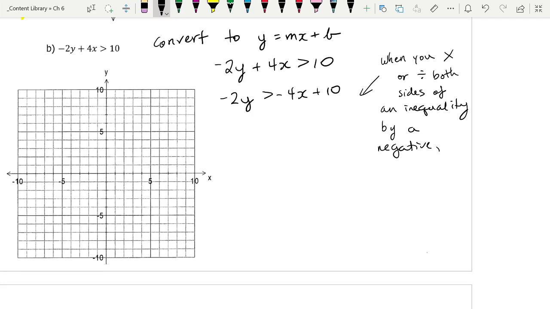Something happens to that inequality. It reverses its direction. So at this step here, I'm dividing both sides by negative 2, but now instead of a greater than, it's now a less than.